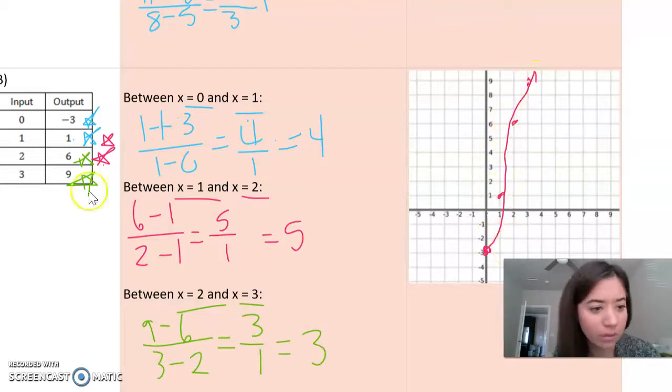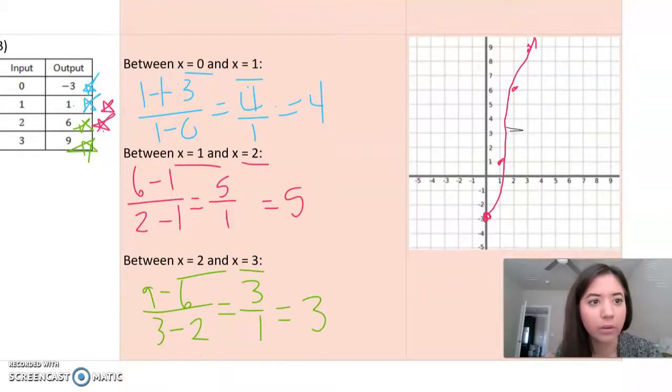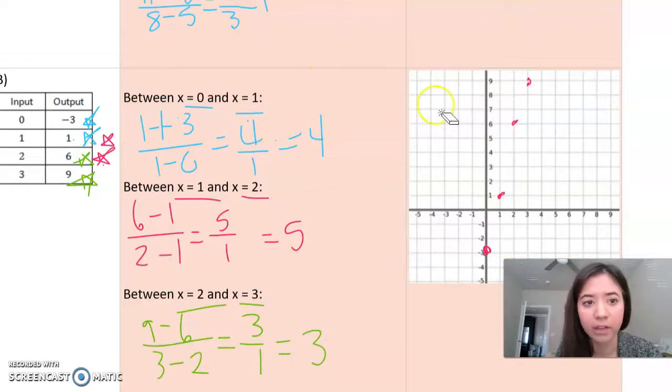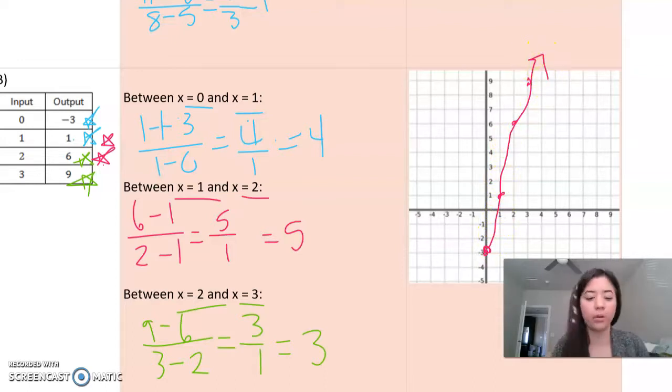It's doing something real weird. Yeah, that one's super funky. Oh no. Let me get rid of that. Here we go. Then it gets a little steeper and then shallower.